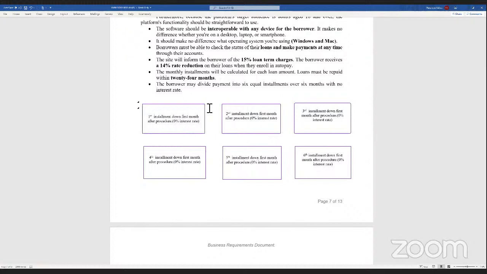Yeah, in installments. That's why I put down the first installment in the first month after the procedure. So let's say we gave them $6,000 and they decide to pay within 24 months. They can make $1,000 payments, and we're not going to charge them any interest because the time period to complete the payment is relatively short.